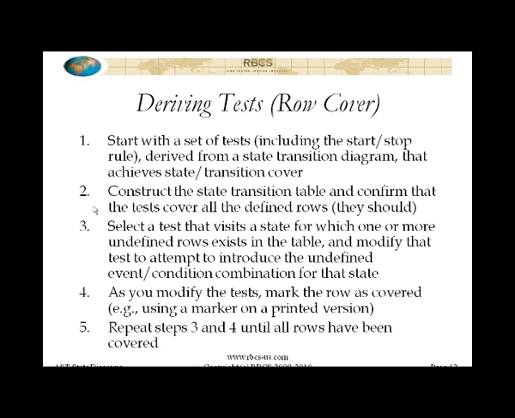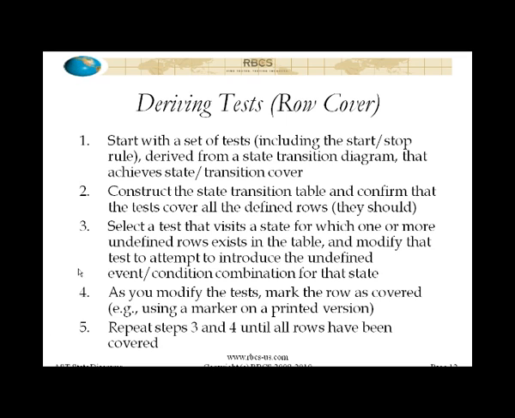Then what we do is construct the table and check that the existing tests cover all the defined rows, and they definitely should. If they don't, then you didn't define the table correctly, or you didn't define your tests correctly, one of the two. Something's wrong. So don't leave step 2 until you confirm that the state transition diagram tests cover all the defined rows in the state transition table.